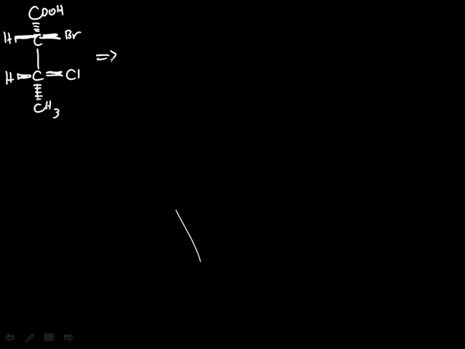And we can convert this into a Fischer projection, which will look like this. We have H here, Br here, H here, and Cl here, and then finally Ph here.